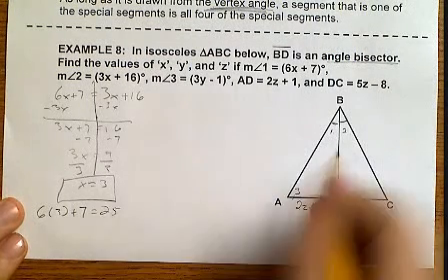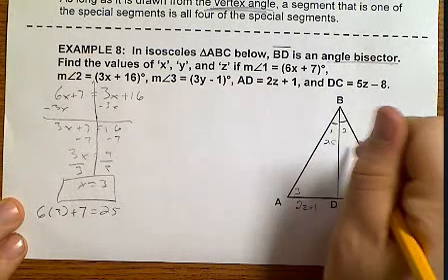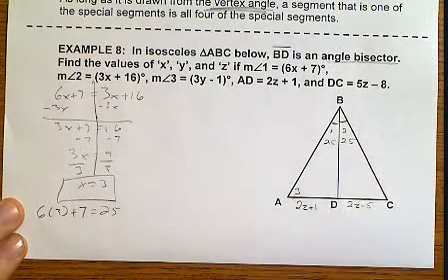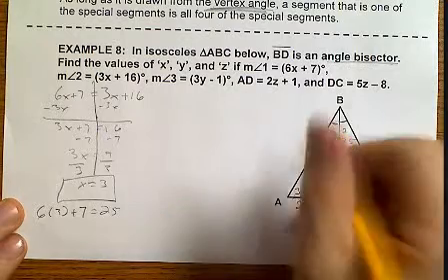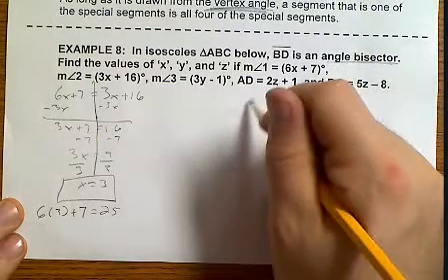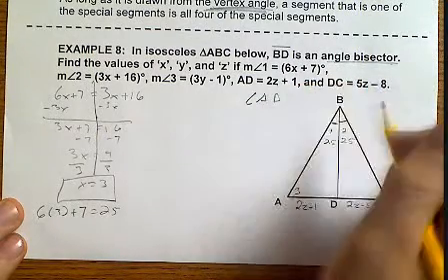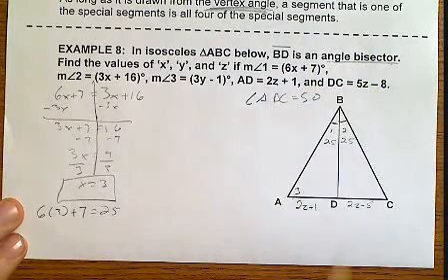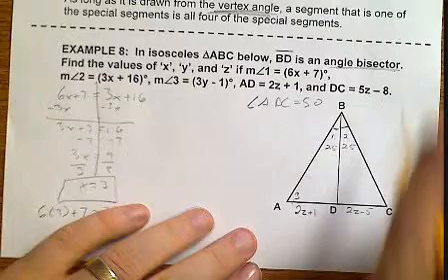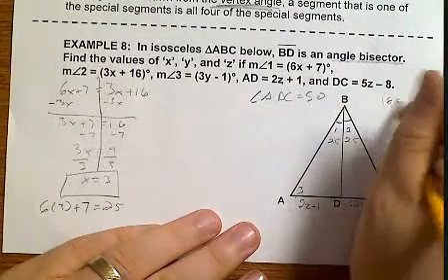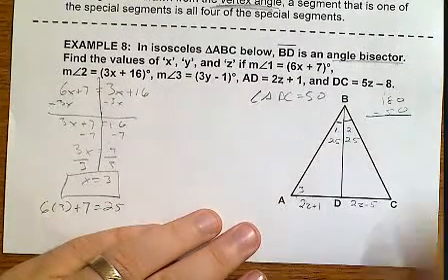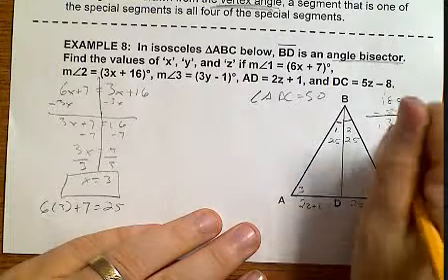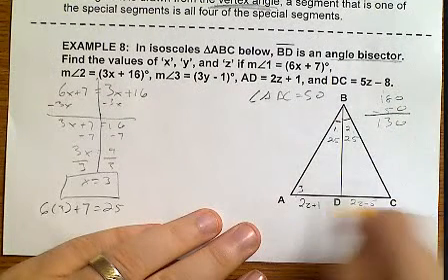So that means the angle 1 is 25, which means the angle 2 is 25, which means that my vertex is 50. So we figure out what these sides are. 180 minus 50 is 130.